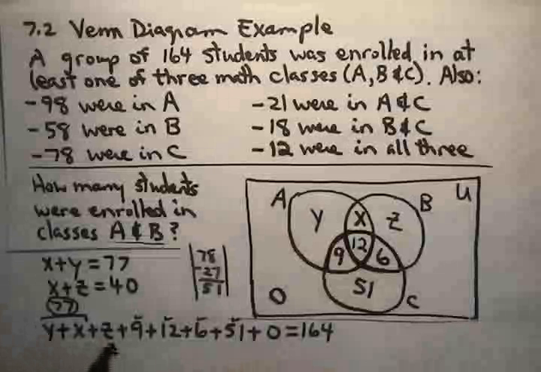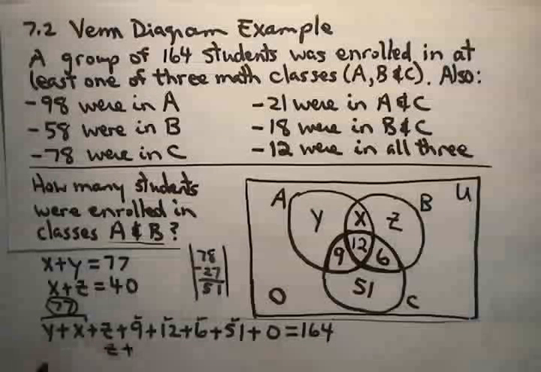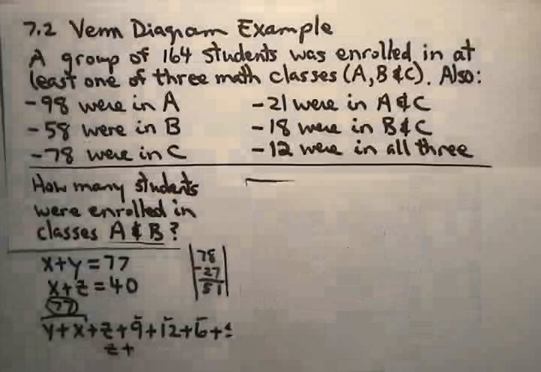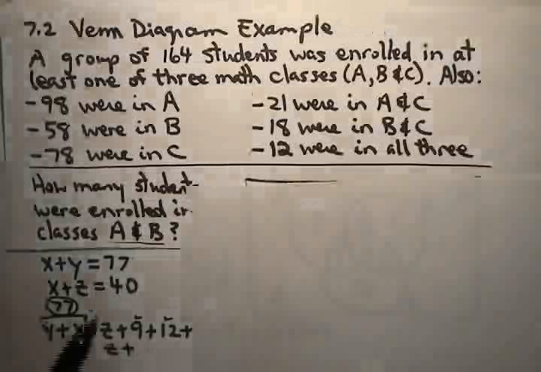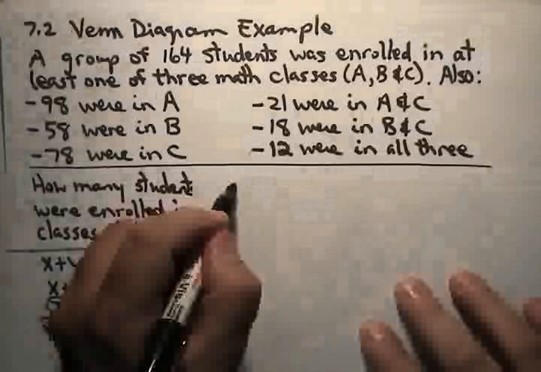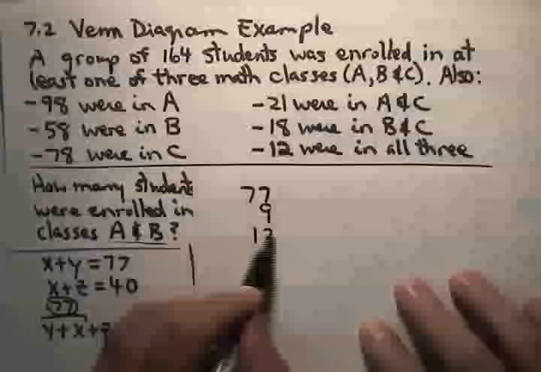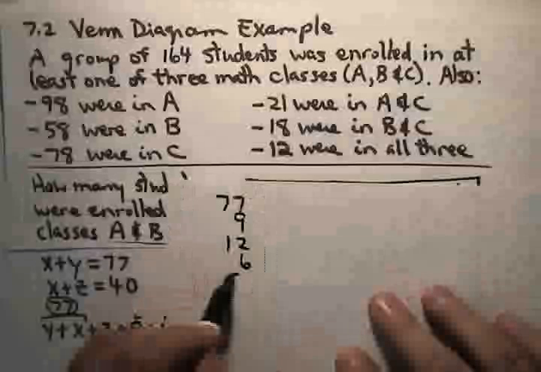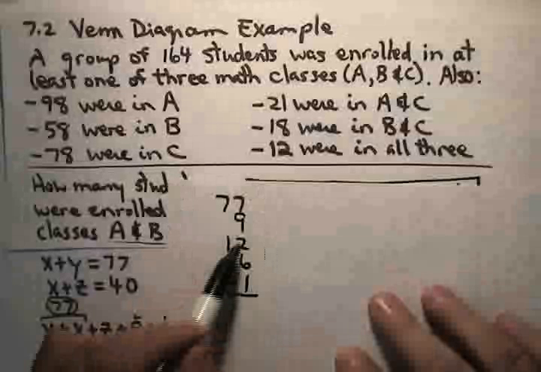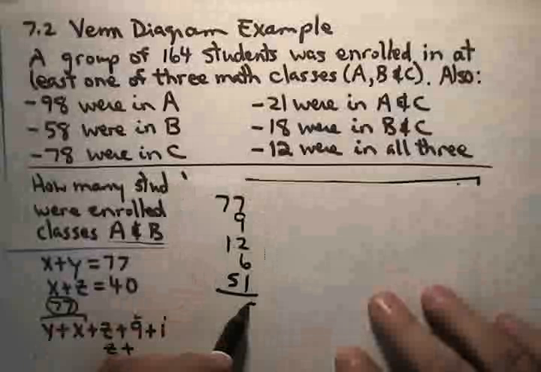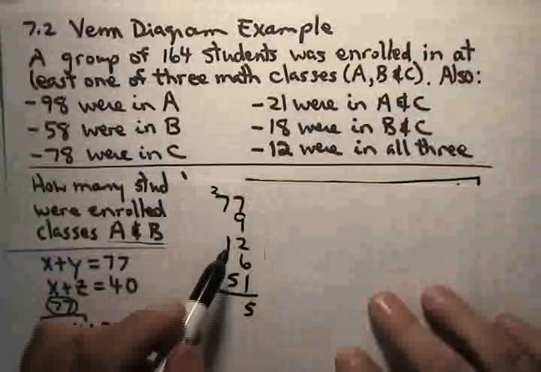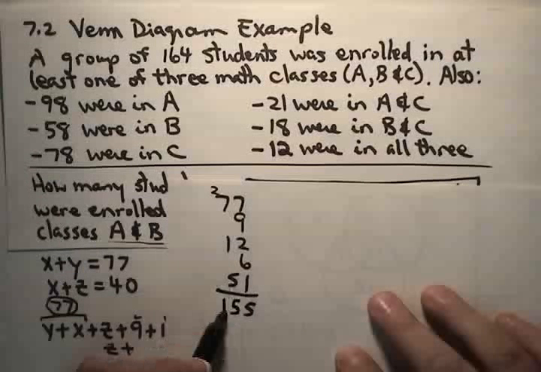I'll have Z plus, and I'm going to do the addition over here. 77 plus 9 plus 12 plus 6 plus 51: 16, 18, 24, 25, carry the 2, 9, 10, 155.